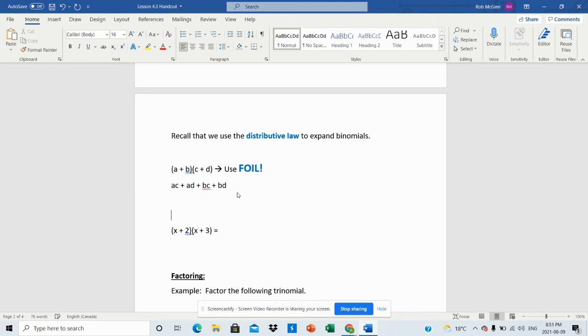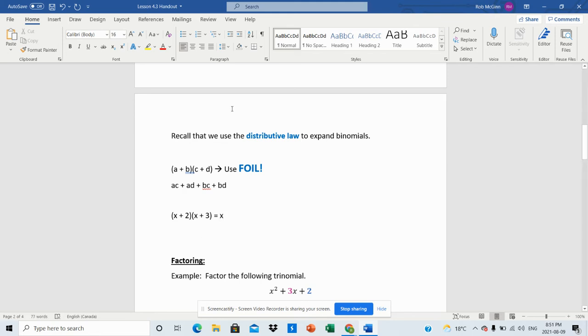So we can use that principle to multiply two binomials together. Here we go. x times x, well, that's going to give us x squared. x times 3, that's going to give us 3x. Our inside terms, 2 times x, it's going to give us 2x.